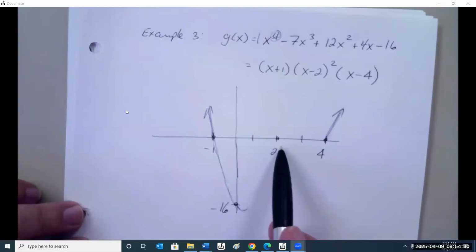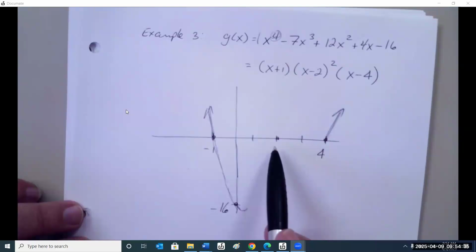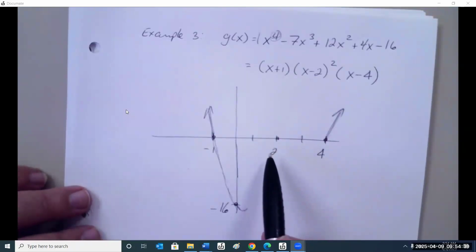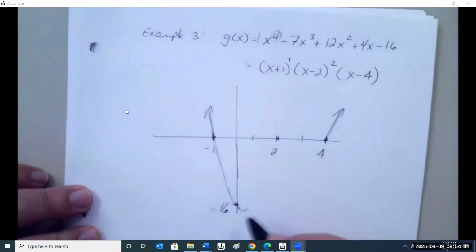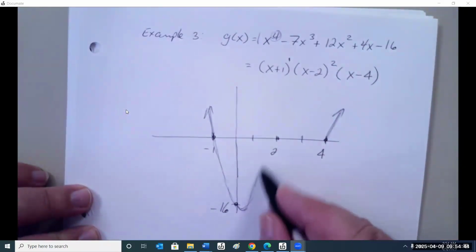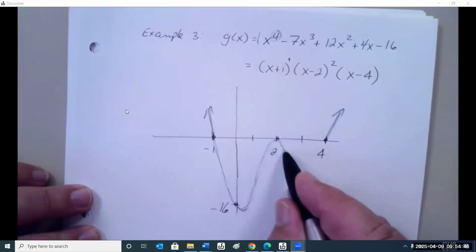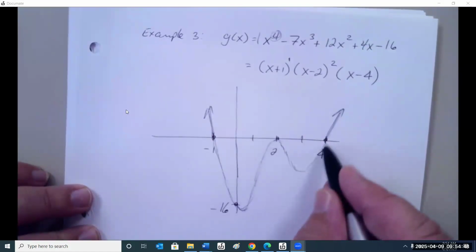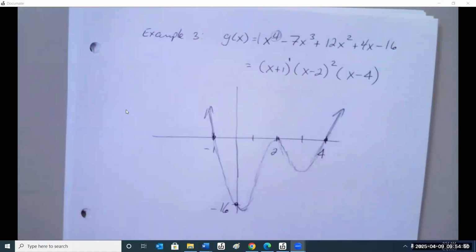What does it do at +2? Yeah, this one crosses, this one bounces. So it comes back up here, it bounces off it, and it goes back down. So it looks something like this.